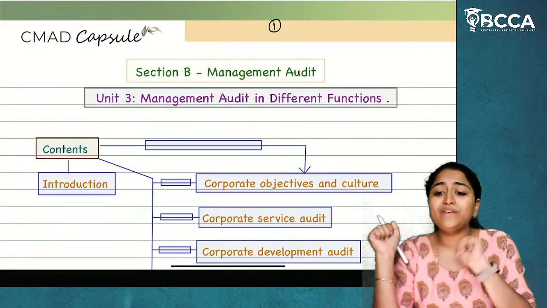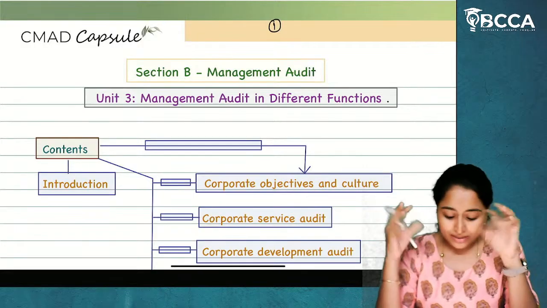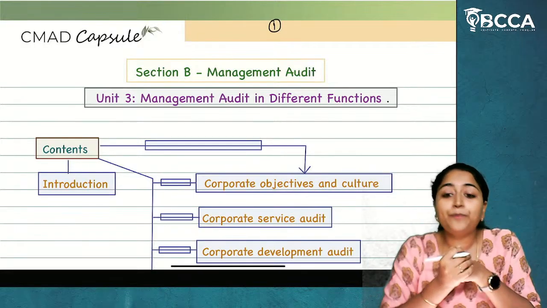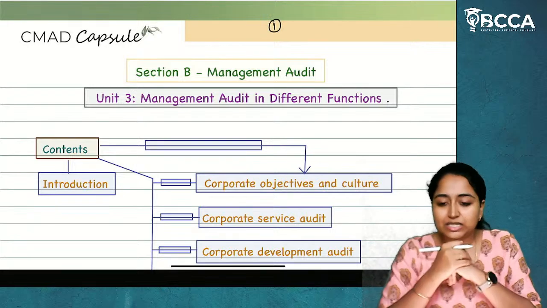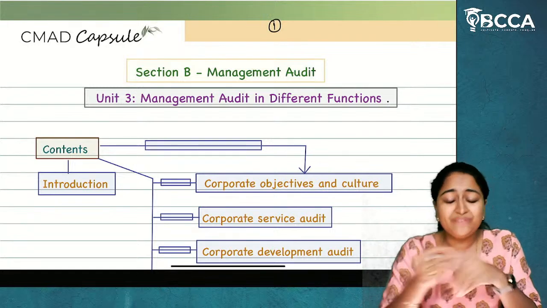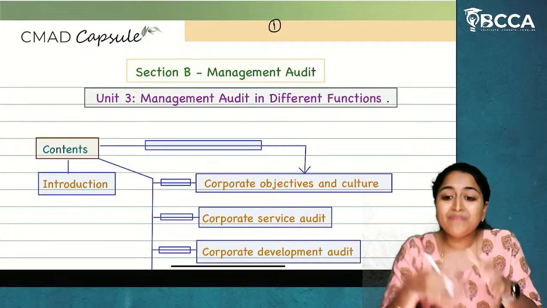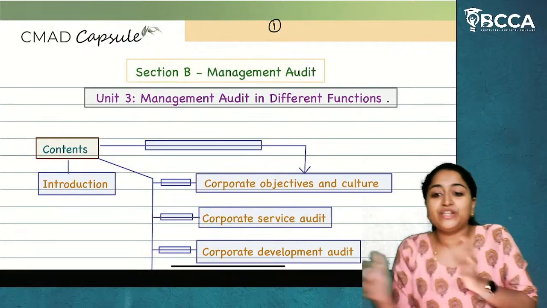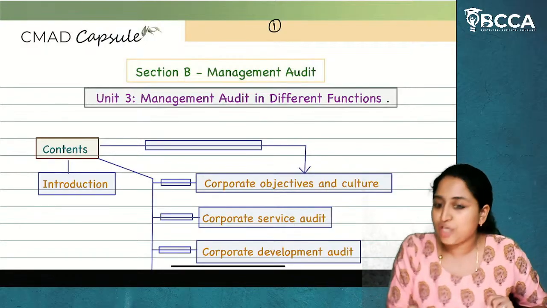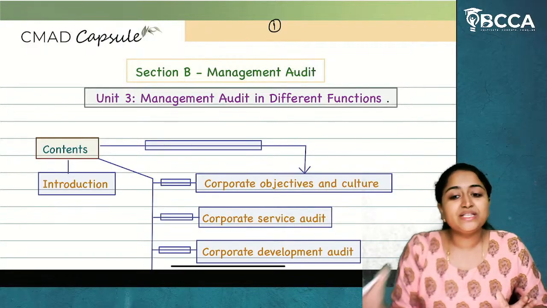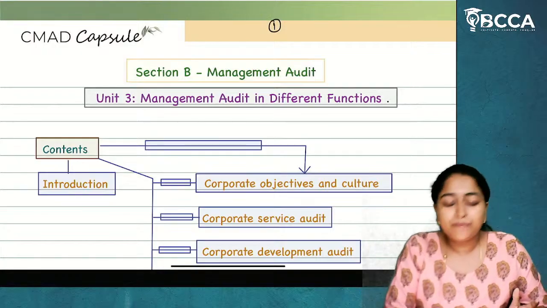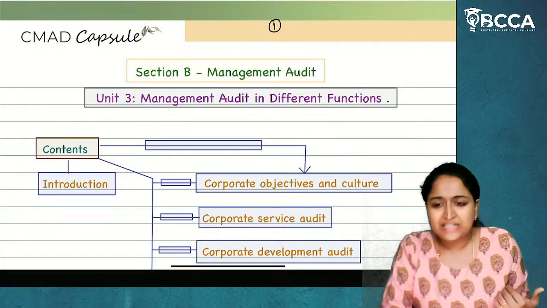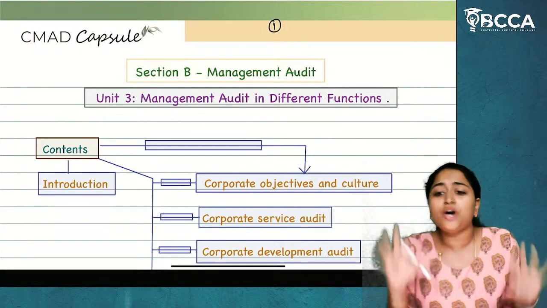Now, in unit 2, we have seen management audit, management reporting, issues and analysis. In that unit 2, what have we seen? That in the organization, there will be different sectors of cost classifications. In the different sectors, there will be heads of those particular departments or activity or process, whatever is happening in the organization.